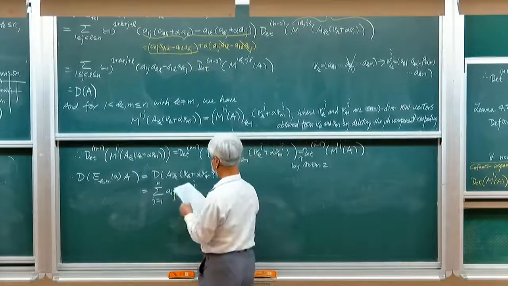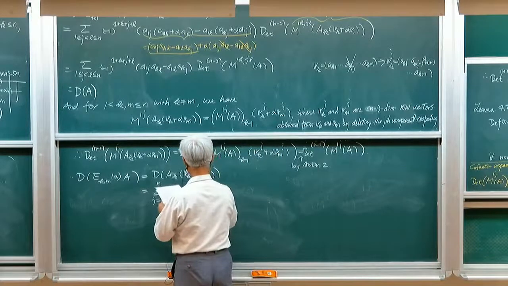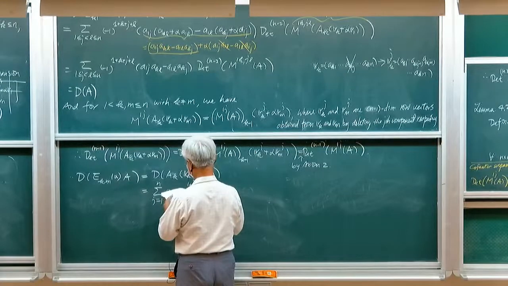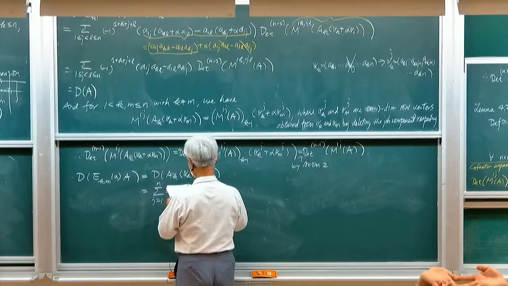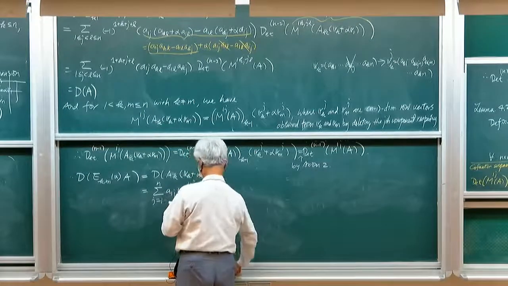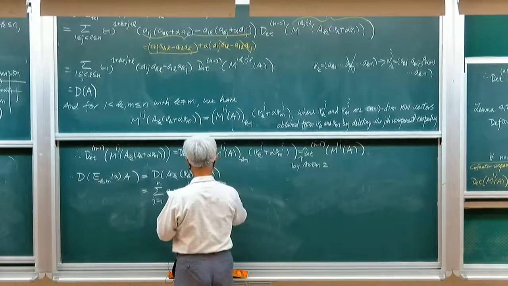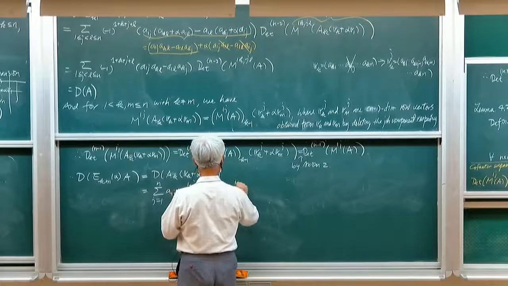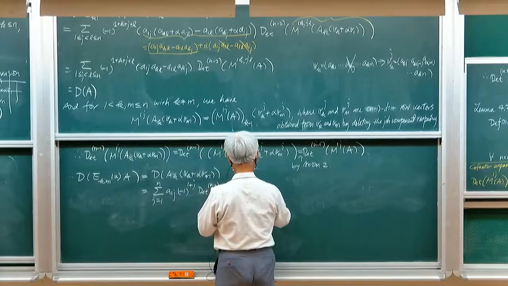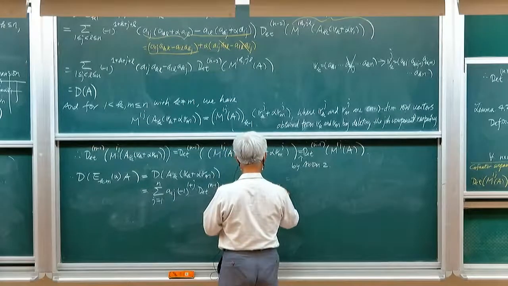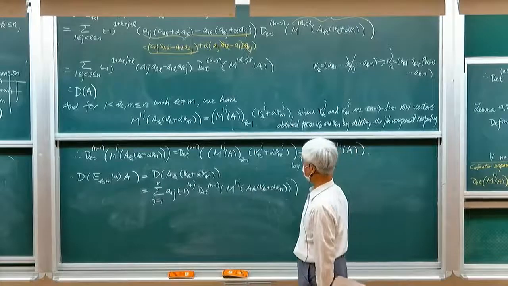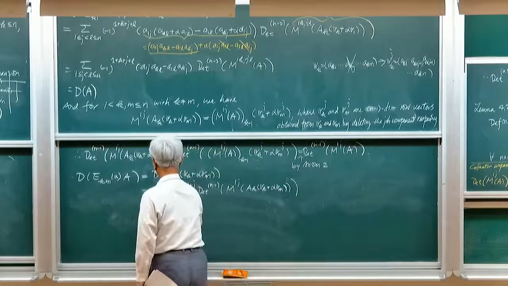So we use A1J and the determinant of the M1J minor of A with row K replaced by RK plus alpha RM.